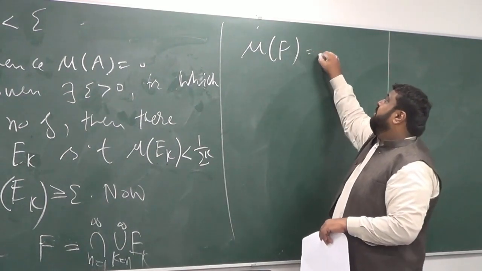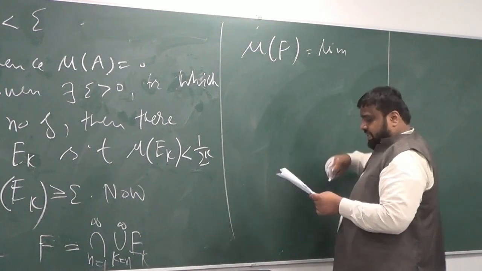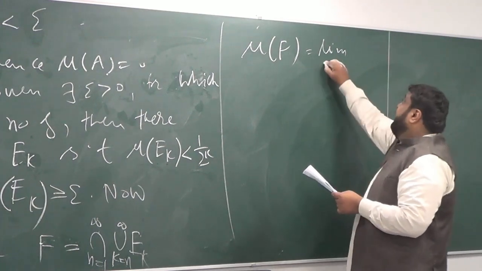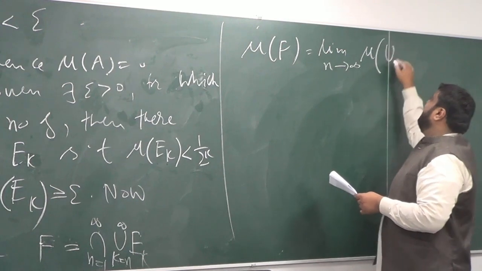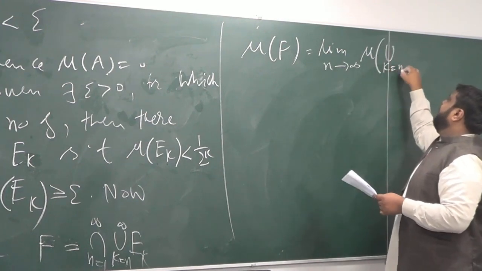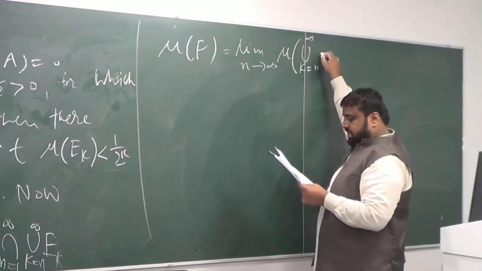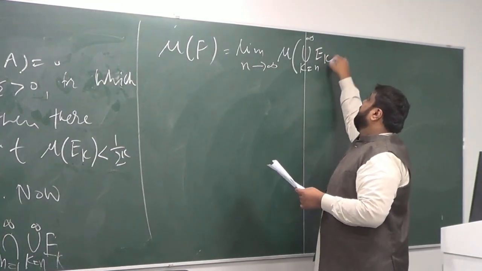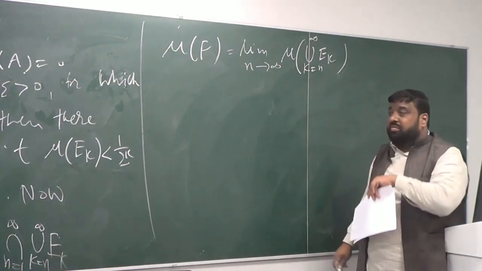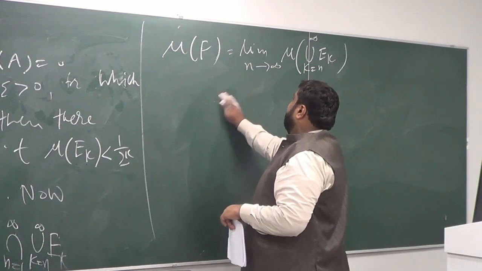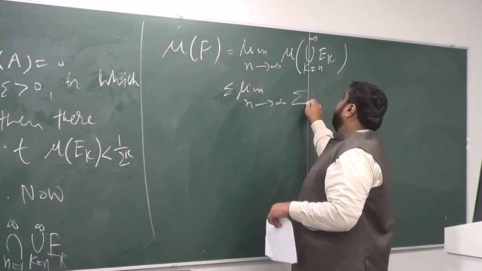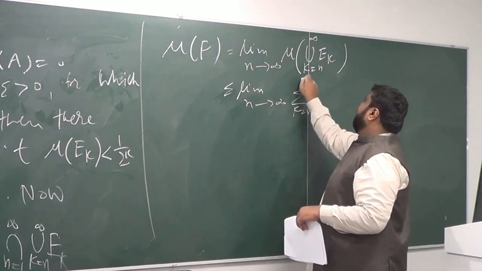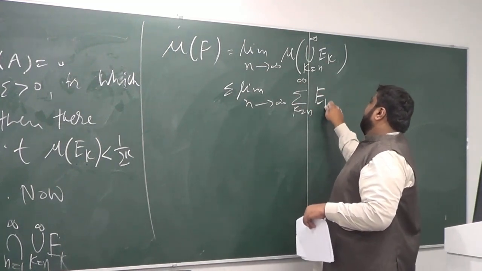So by the continuity property, I can say that this is the same as the limit as n goes to infinity of the mu of the union over k equal to n to infinity of E_k.